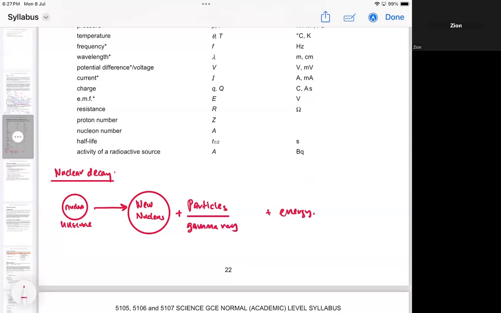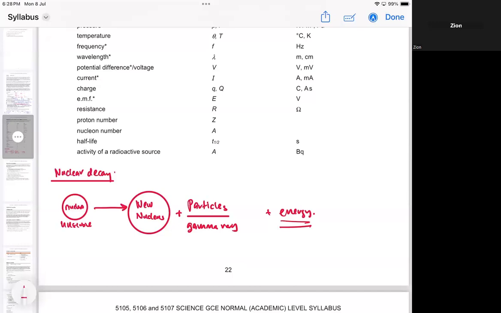This is nuclear decay, where a nucleus breaks down and gives out its energy, and in the process it gives out particles and/or gamma rays. Make sense so far? What are the particles?